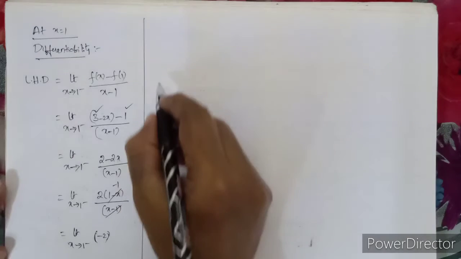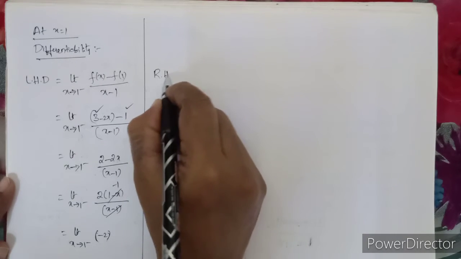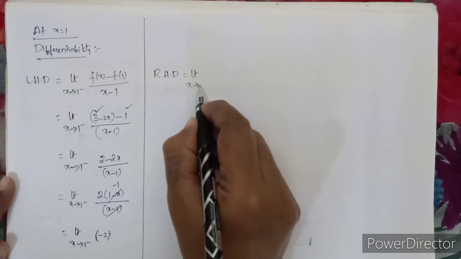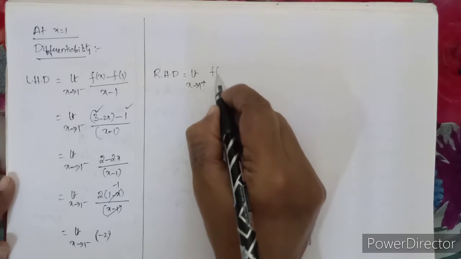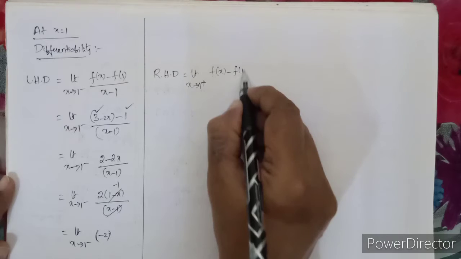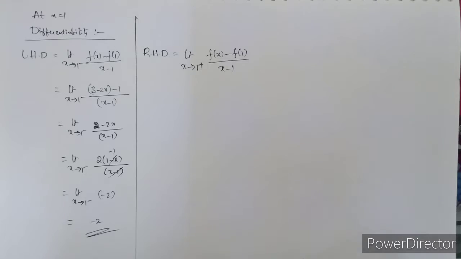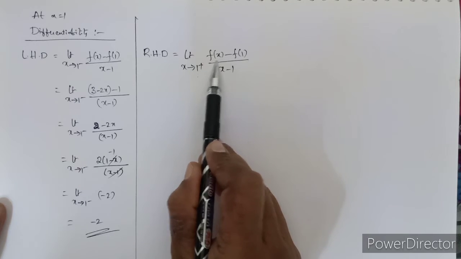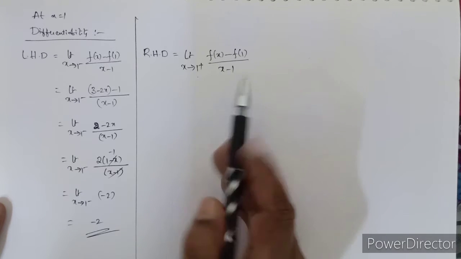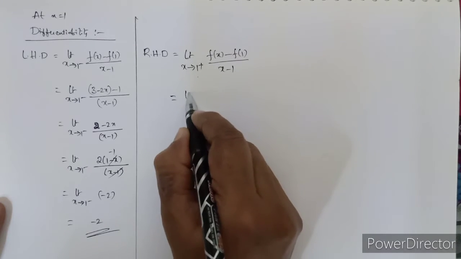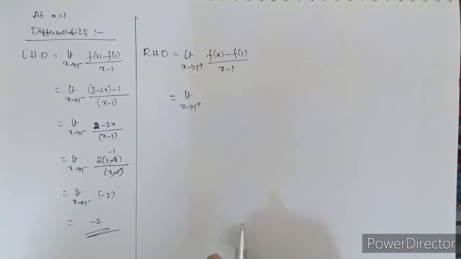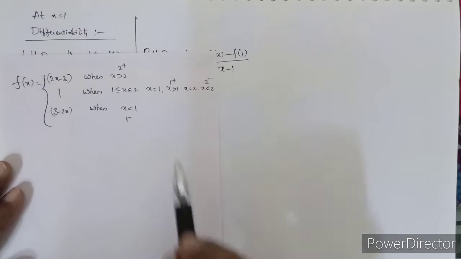Now right-handed derivative. Limit x tends to 1 plus f of x minus f of 1 by x minus 1.